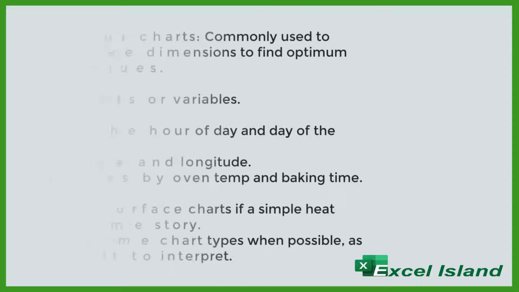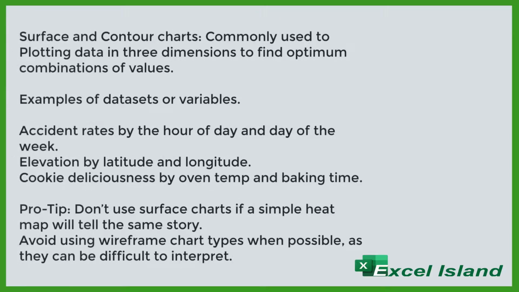The number 17 type of chart and graph we'll be looking at is what is called the surface and contour chart, which is commonly used to plot data in 3 dimensions to find the optimum combination of values.